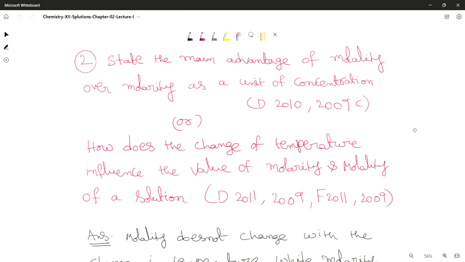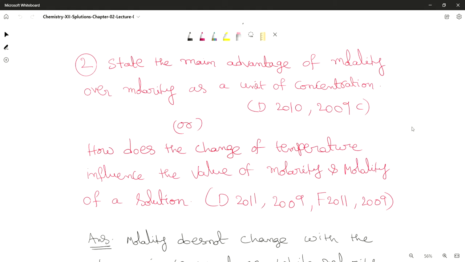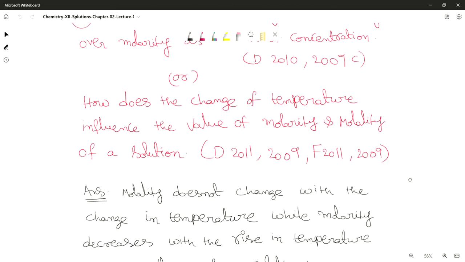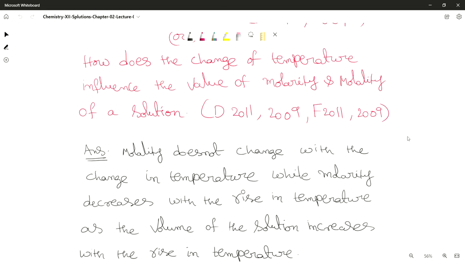Question number 2. State the main advantage of molality over molarity as the unit of concentration. This was asked in December 2010-2009 compartment. Or, how does the change in temperature influence the value of molarity and molality of a solution? This question was asked in December 2011 and 2009.